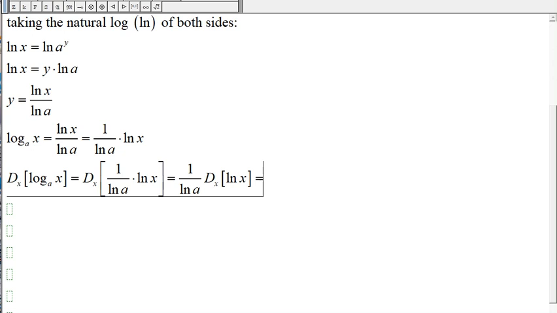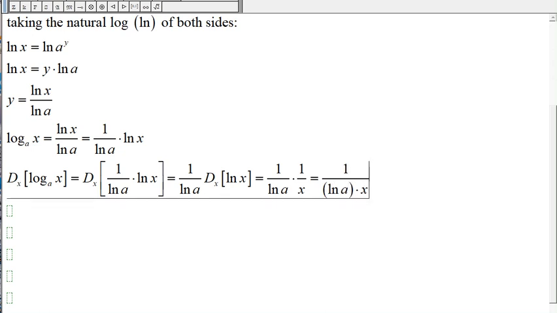But the derivative of ln of x is 1 over x. So we have 1 over ln a times 1 over x. And so this becomes 1 over ln of a times x.